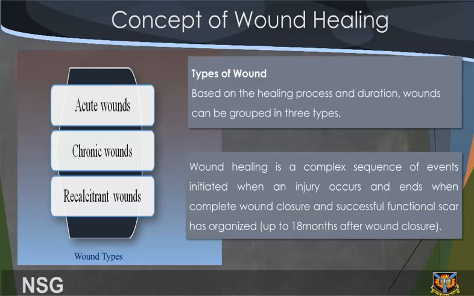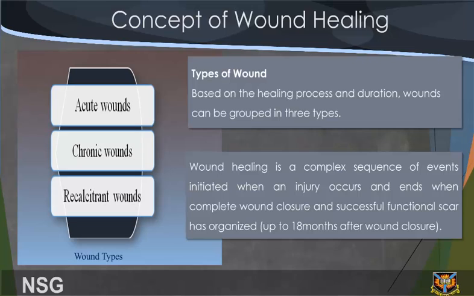Concept of wound healing. Types of wounds. Based on the healing process and duration, wounds can be grouped into 3 types: acute wounds, chronic wounds, and recalcitrant wounds.